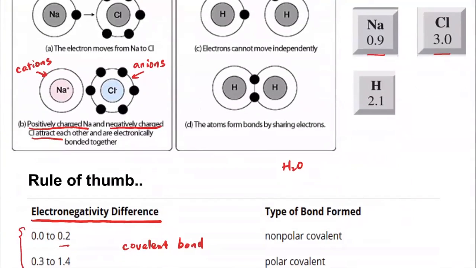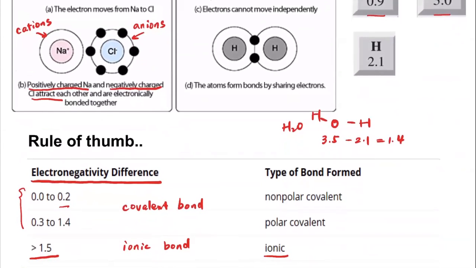If you take the difference, that's 3.5 minus 2.1, which is 1.4. So 1.4 is right at the boundary, right at the edge between the covalent bond and the ionic bond. So we say that water is made of covalent bonds, or the bond between the hydrogen and the oxygen is a covalent bond.